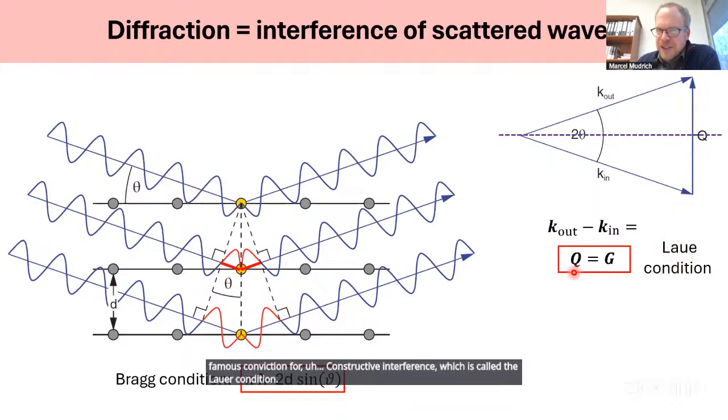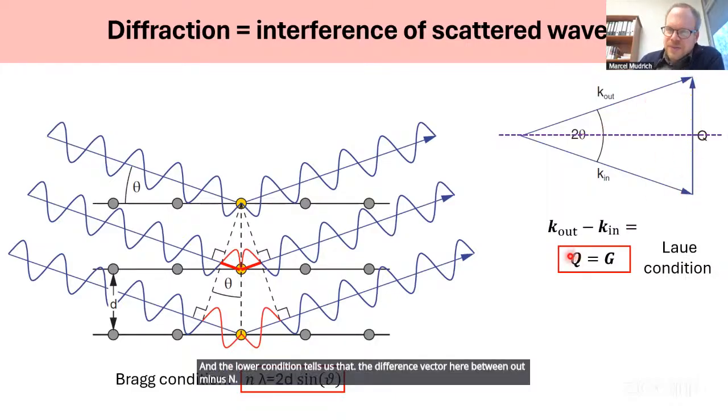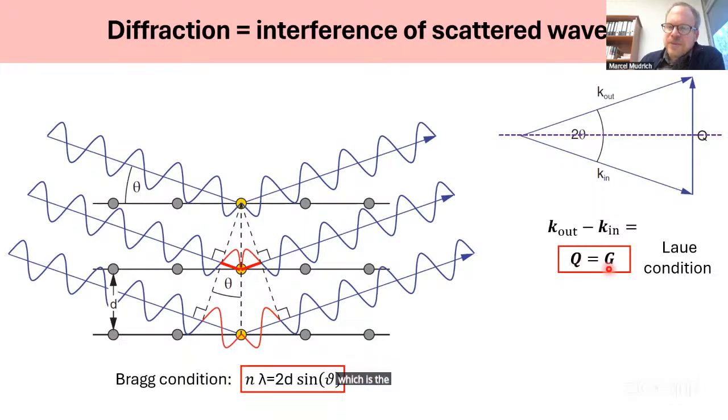And the Laue condition tells us that the difference vector here between out minus in, which is the q vector, has to equal a reciprocal lattice vector. The reciprocal lattice vector is a vector that connects individual sites in reciprocal space.